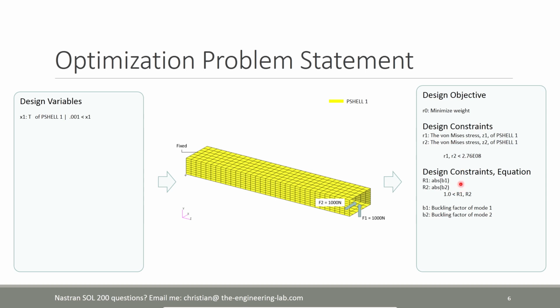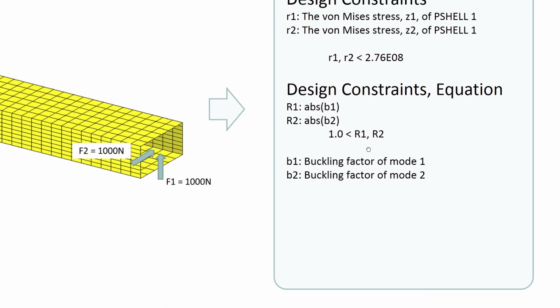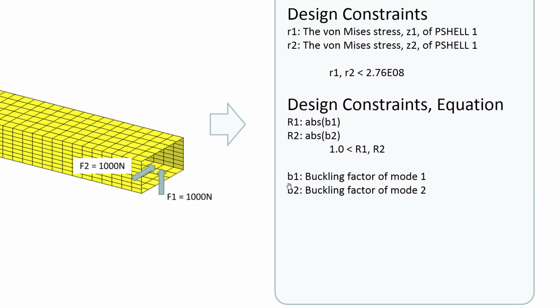Now for the design constraints, remember, we're dealing with both a negative and a positive buckling factor. How do we do this? We're going to define the equation constraint as follows. We'll let B1 correspond to the buckling factor of mode 1 and let B2 correspond to the buckling load factor of mode 2.